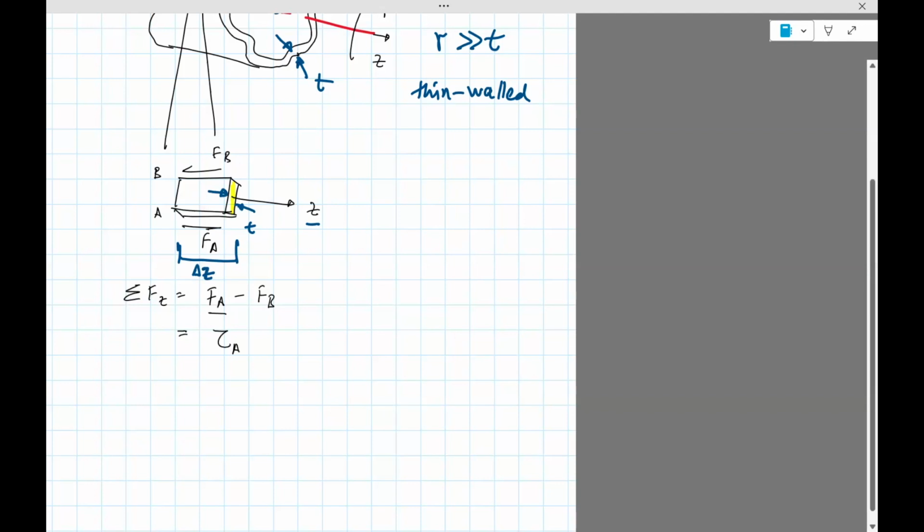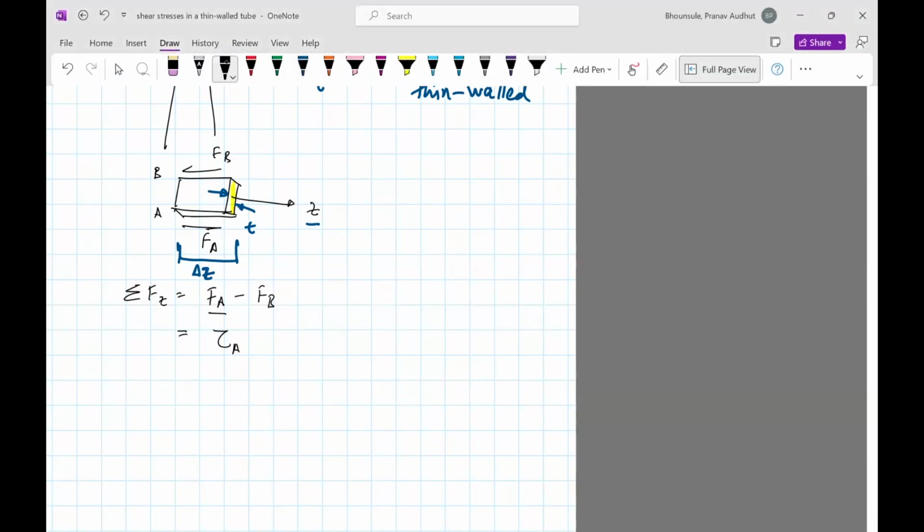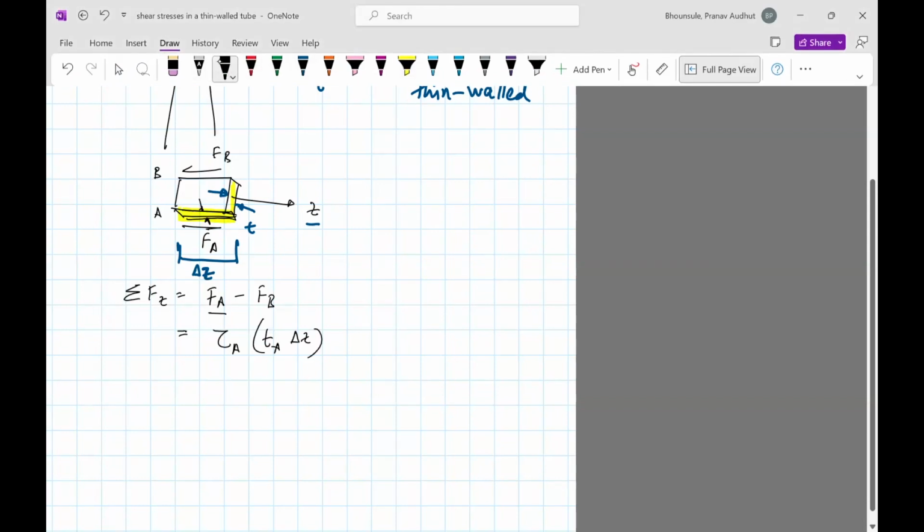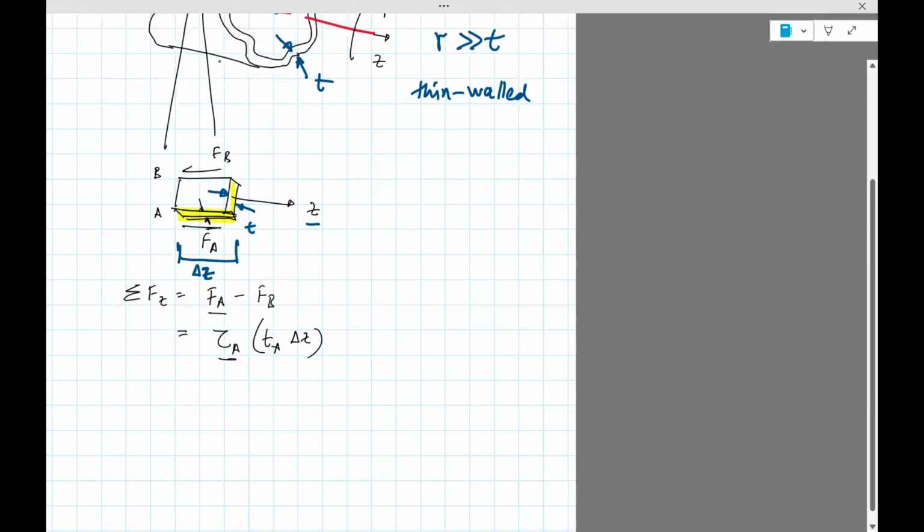And then we'll assume that this thickness, which I wrote down here, is TA for A and TB for B. So it's tau A times TA times delta Z. When I say this thickness, basically also this thickness is TA, right? This part is also TA, and then that part is TB. So shear stress times the cross-section area will give you the force.